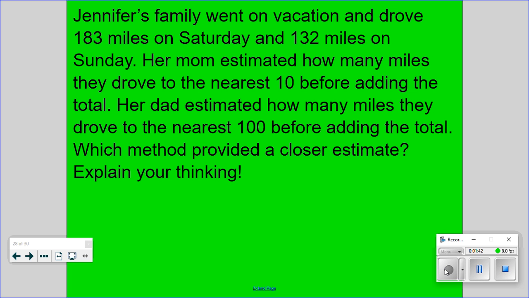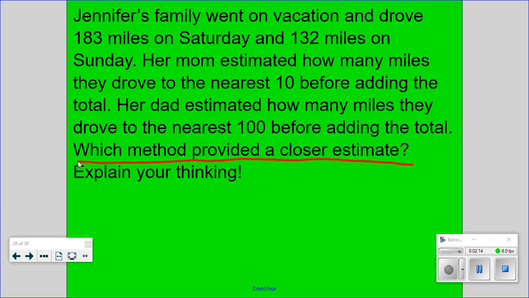What is the closest estimation to the number? Nope. Look at that last part right here where it says which method provided a closer estimate. That is the question. That's what we should be looking at when we're restating and writing our answer sentence.